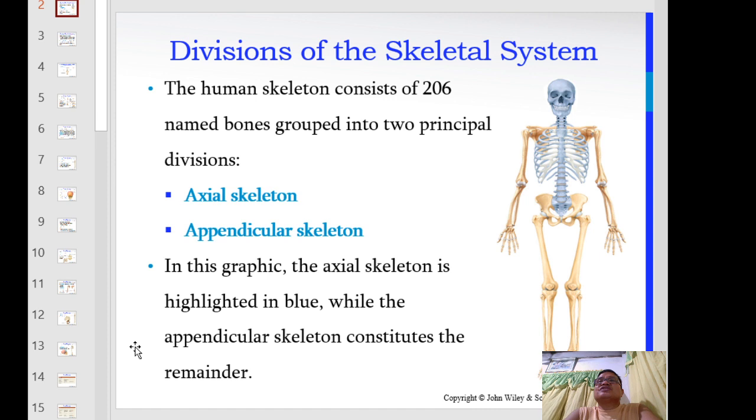In this illustration, the axial skeleton is highlighted in a different color from the appendicular. It looks like a light blue. So that is the axial skeleton. All those not in that color are the appendicular.